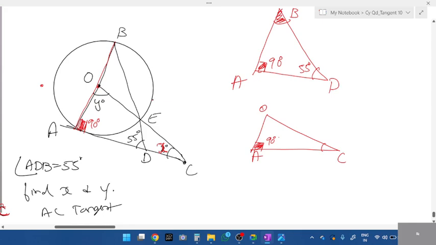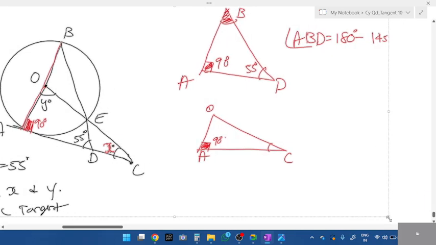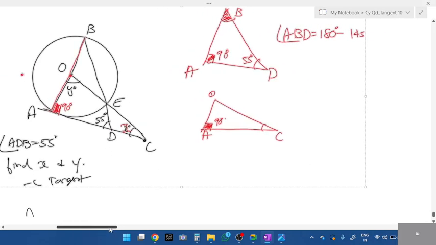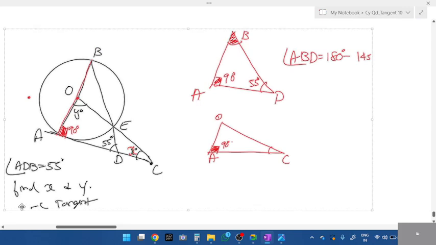Take the value. 90 plus 55 is 145, right? 180 minus 145 is 35.